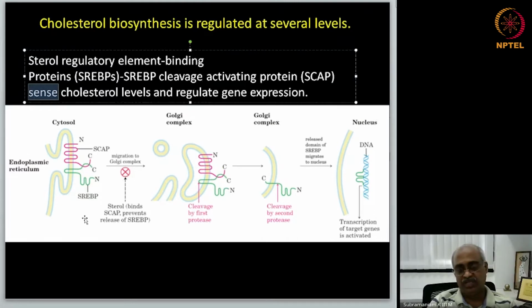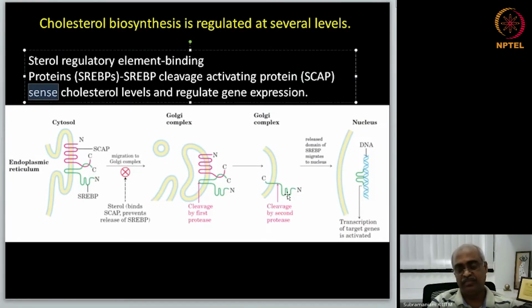And this pathway is very finely controlled because this cleaved N-terminal active version in the nucleus is very short-lived. It continuously gets proteolytically cleaved. So only as long as SCAP is not bound with cholesterol do you have this N-terminal portion available.